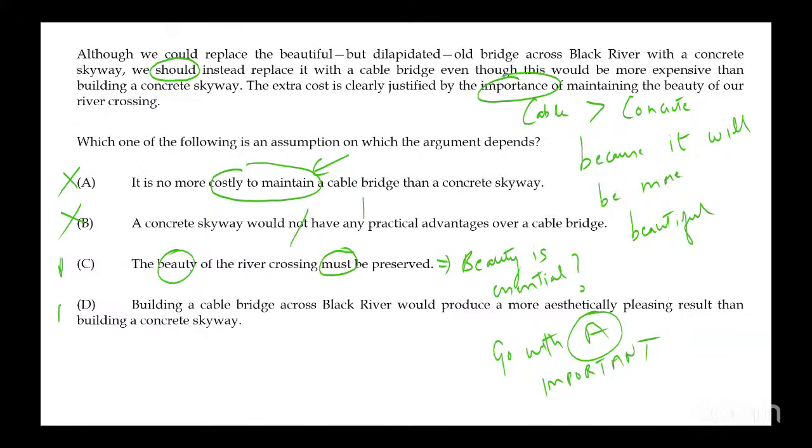The author has not gone that far, that beauty is essential. All the author is saying is it is important. So C also, although it looks like a good option at first glance, it is not required. Look at D, that straightforward linking assumption.